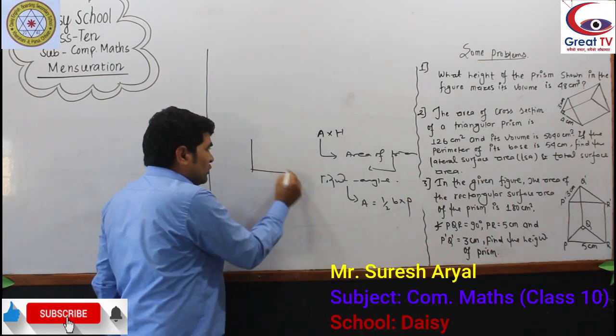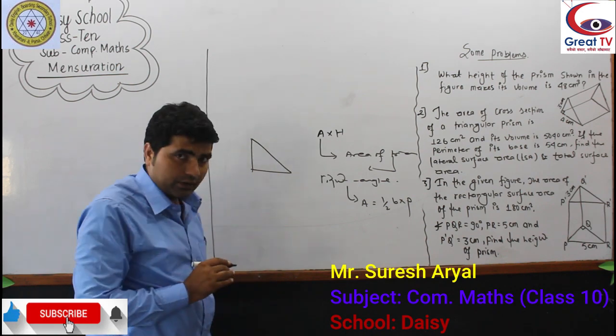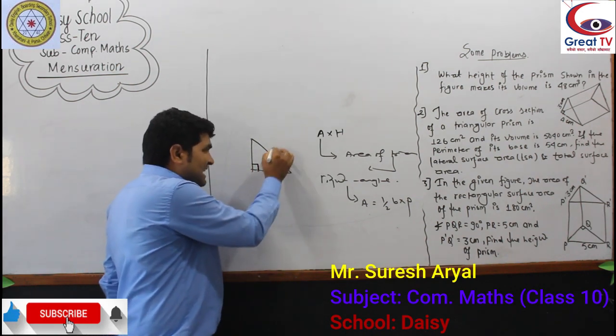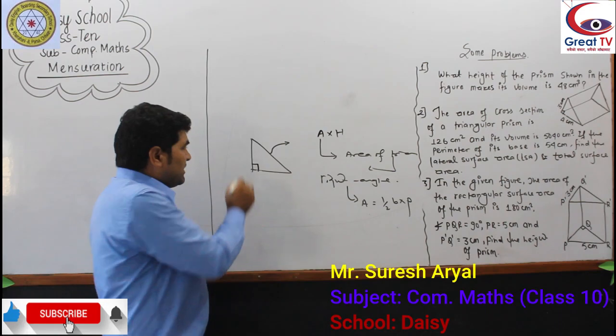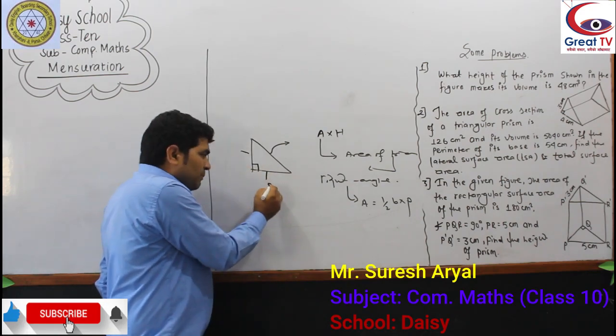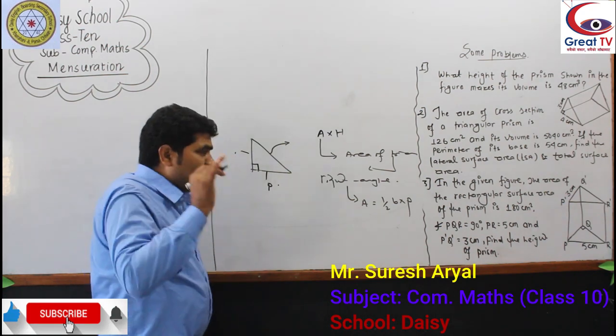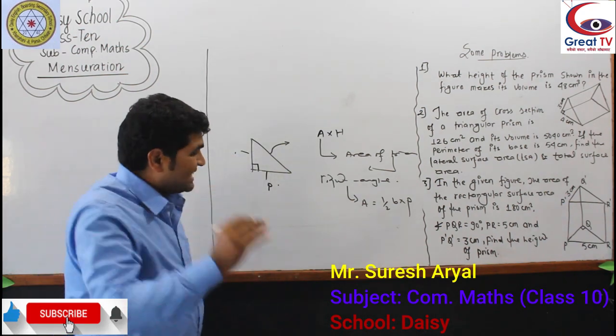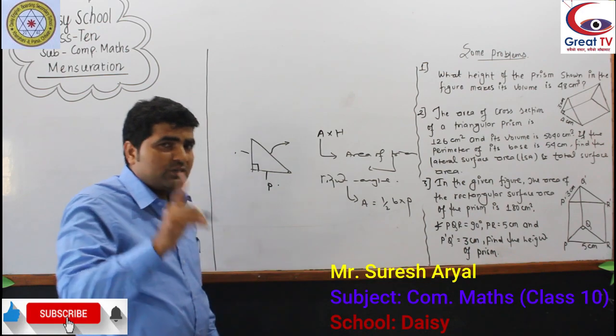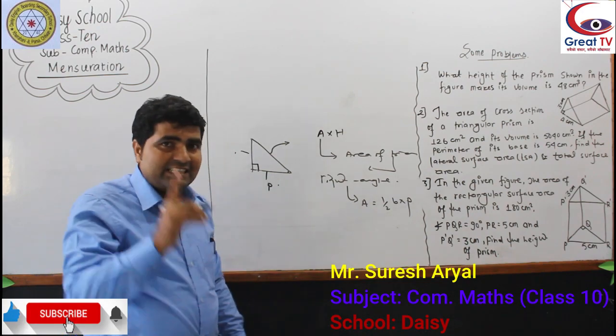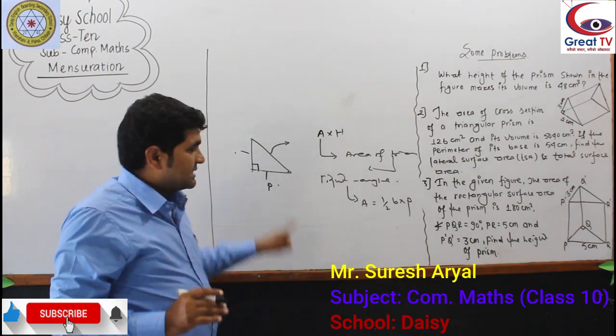In a right angle triangle, which sides are base and perpendicular? Opposite of 90 degrees is called the hypotenuse and the remaining two are either the perpendicular or the base. When a reference angle is given, the side opposite the reference angle is always the perpendicular, opposite of 90 degrees is the hypotenuse, and the remaining side is called the base.